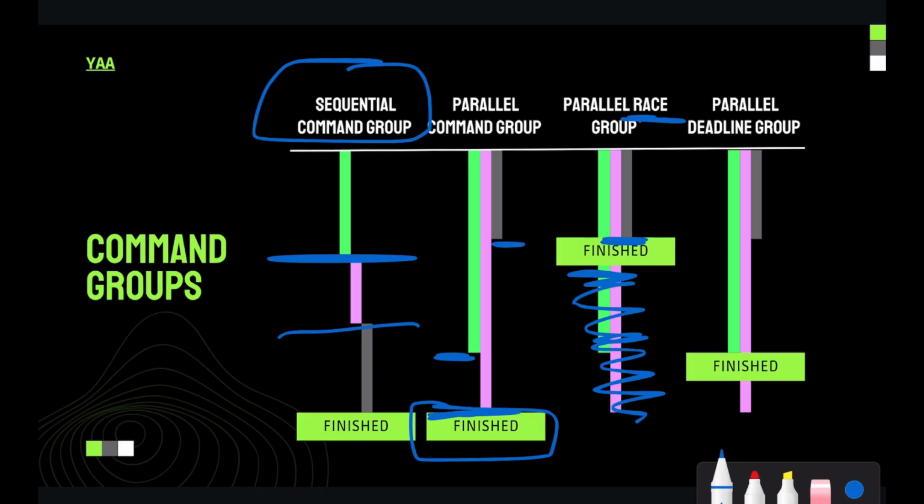This can be, for example, maybe you're lifting your elevator while driving, and you drive to your set point first. You can be midway through lifting up your elevator, and that wouldn't matter. The command would just cancel. And then the last one I'll talk about is parallel deadline group.